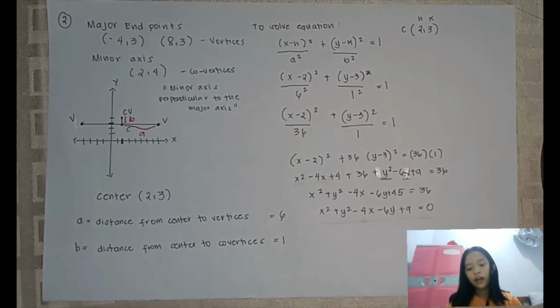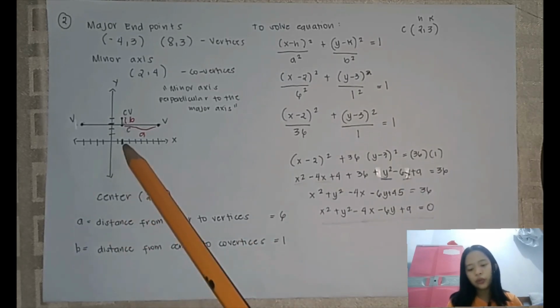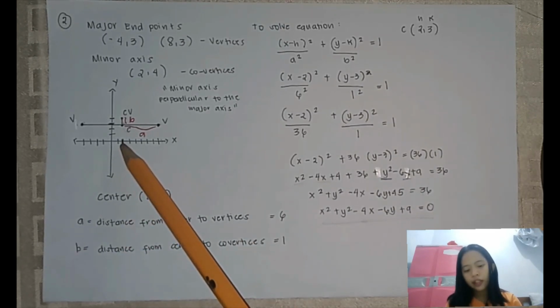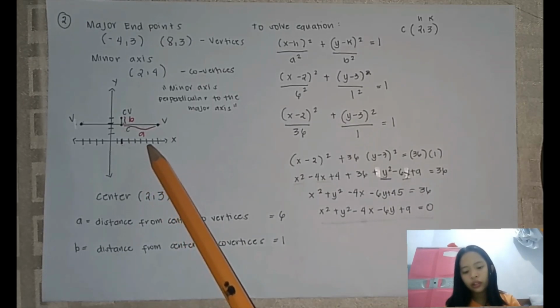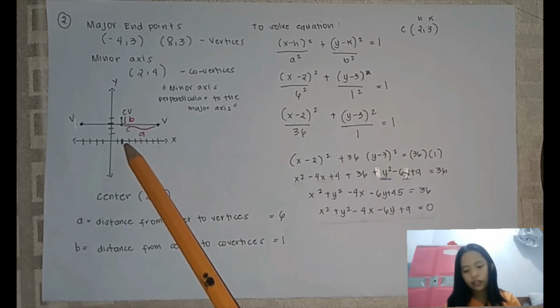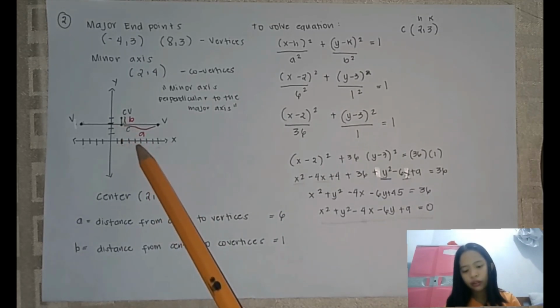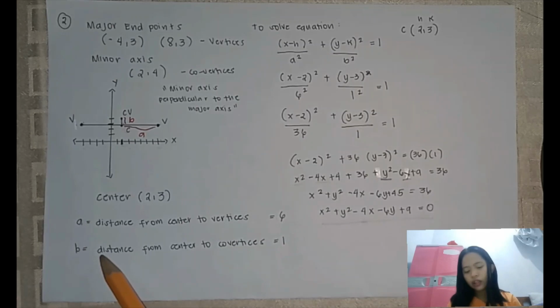And hanapin natin yung value ng A. Alam naman natin yung A is equal siya sa distance from center to the vertices. So, 1, 2, 3, 4, 5, 6. So, giving us 6.